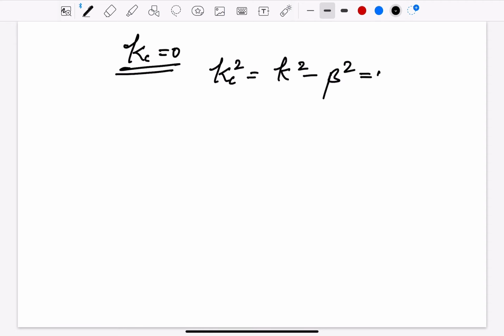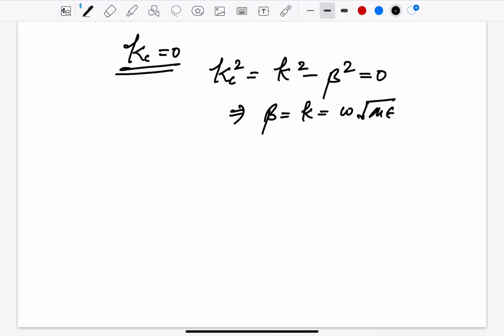We just saw that considering kc equal to 0 keeps all the transverse components alive. If kc is 0, we may recall the relation from the last class, k square minus beta square equals 0. So this gives beta equal to k, equal to omega under root mu epsilon.